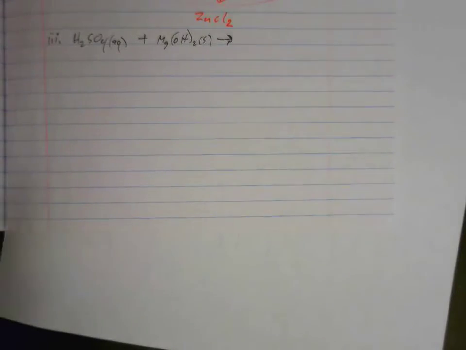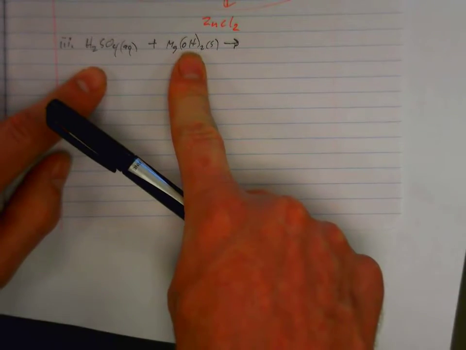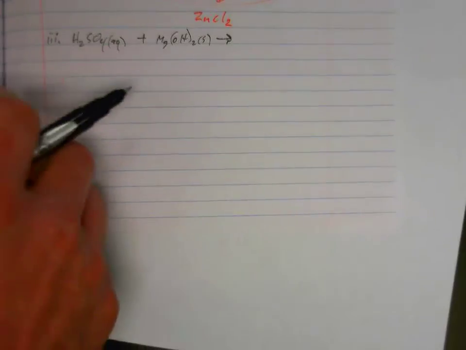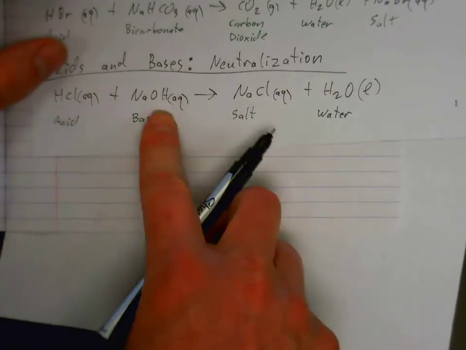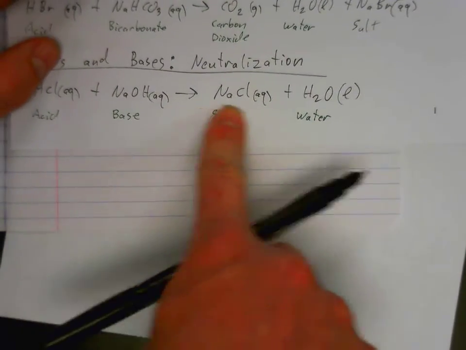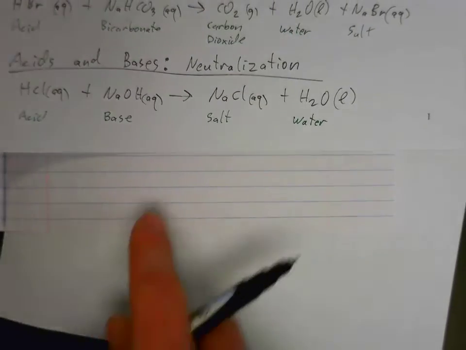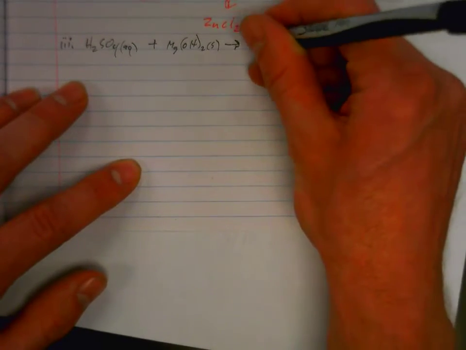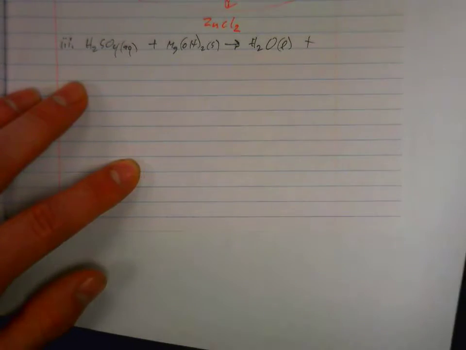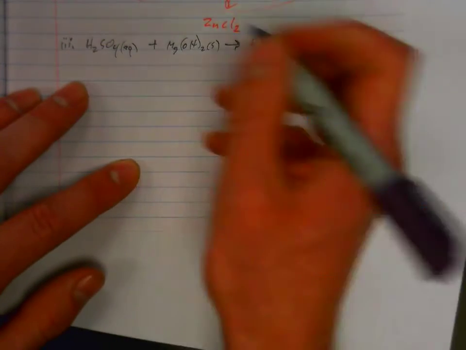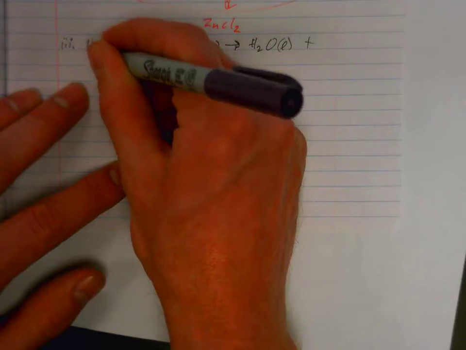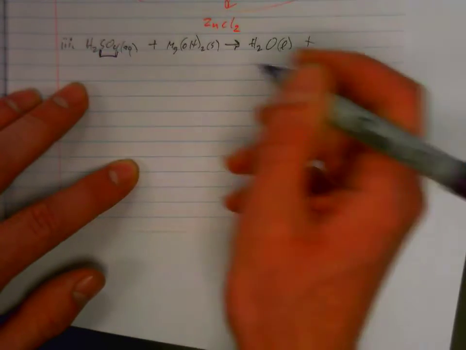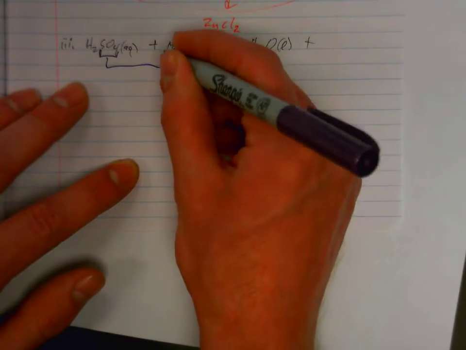So we have a strong acid and a strong base. So we can predict that the acid and base reaction will neutralize, and will produce a salt and water. So we know we'll have water, and a salt will form from the anion from the acid in combination with the cation from the base.